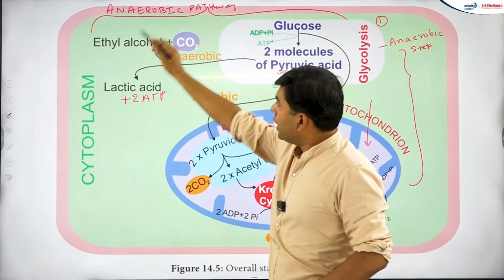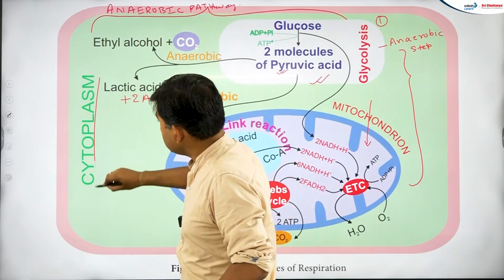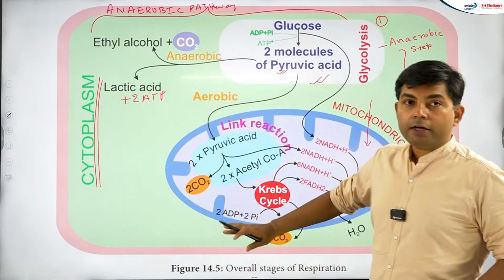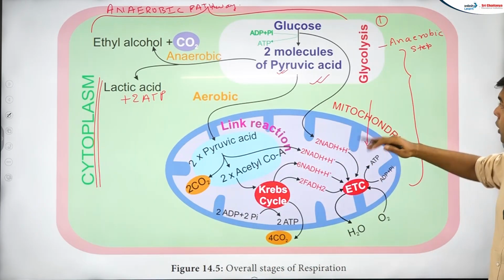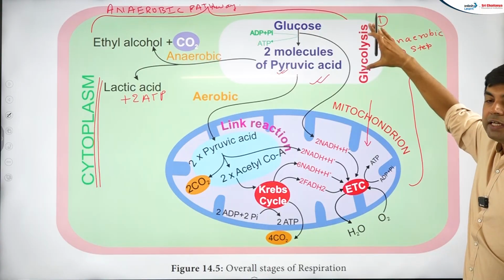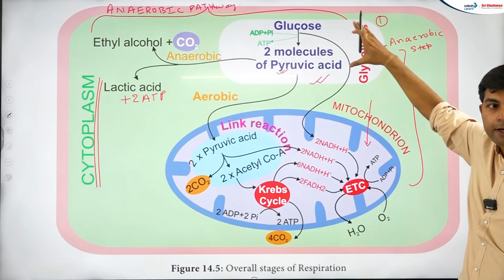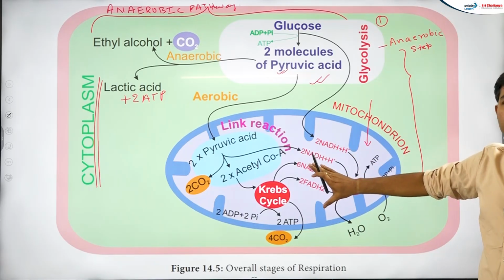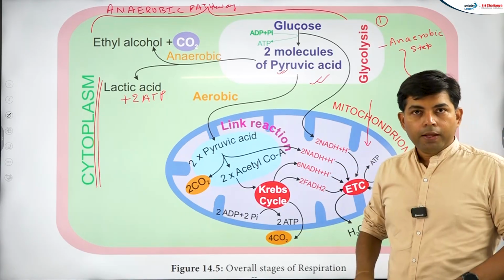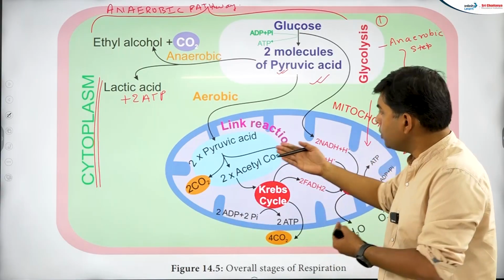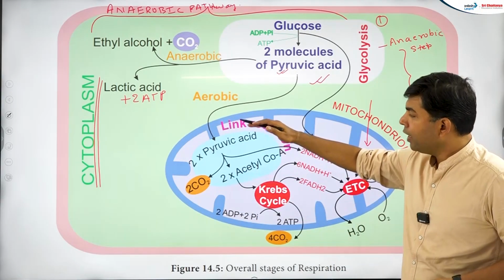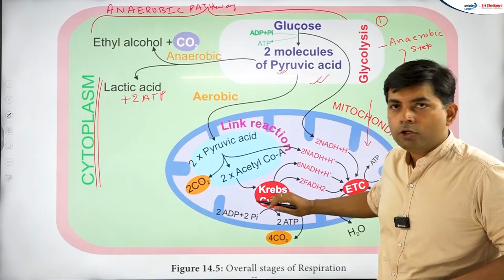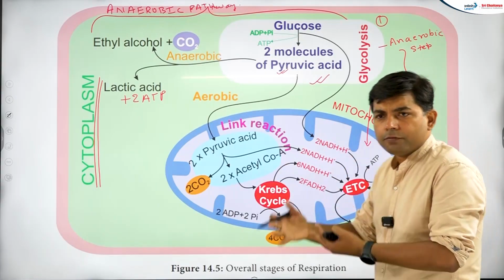Here the entire pathway will take place in the cytoplasm, but for aerobic respiration, part of it, that is glycolysis, takes place in the cytoplasm, and the rest of the reactions will be in the mitochondria. And this will further include two important steps, that is the Krebs cycle and ETS. So that we will see in a separate video.